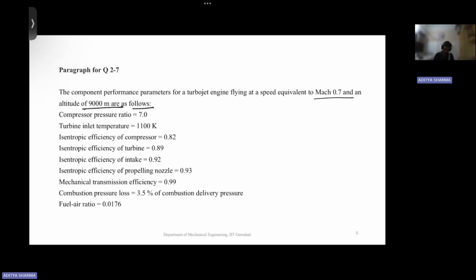First of all, pressure ratio has been given for compressor, that is 7.0. Then turbine inlet temperature is given, which also is the exit of the combustion chamber. That is also the maximum temperature involved in your Brayton cycle. Then isentropic efficiency of compressor is given as 0.82. Isentropic efficiency of turbine is given as 0.89.